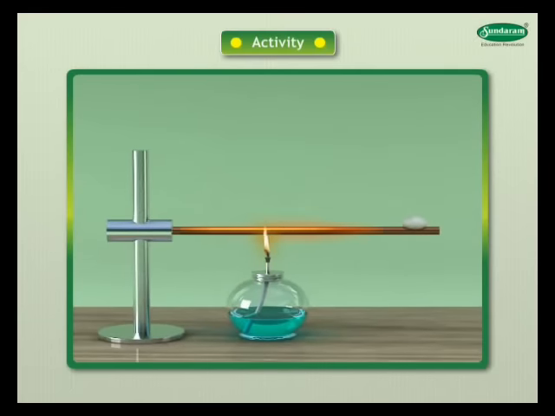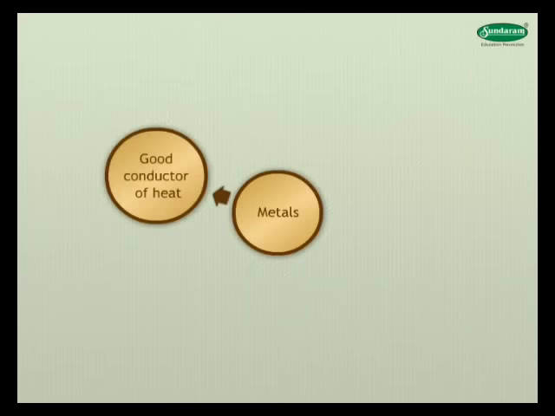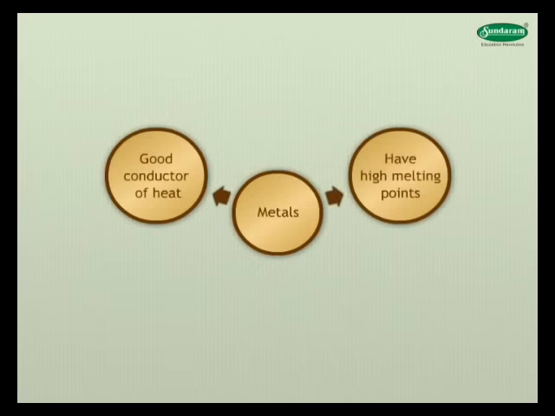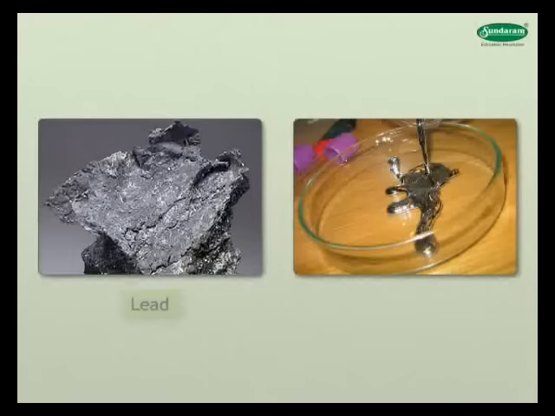No. Note your observations. The butter starts melting after some time. From this, we can say that metals are good conductors of heat and have high melting points. Silver and copper are the best conductors of heat, whereas lead and mercury are poor conductors of heat.